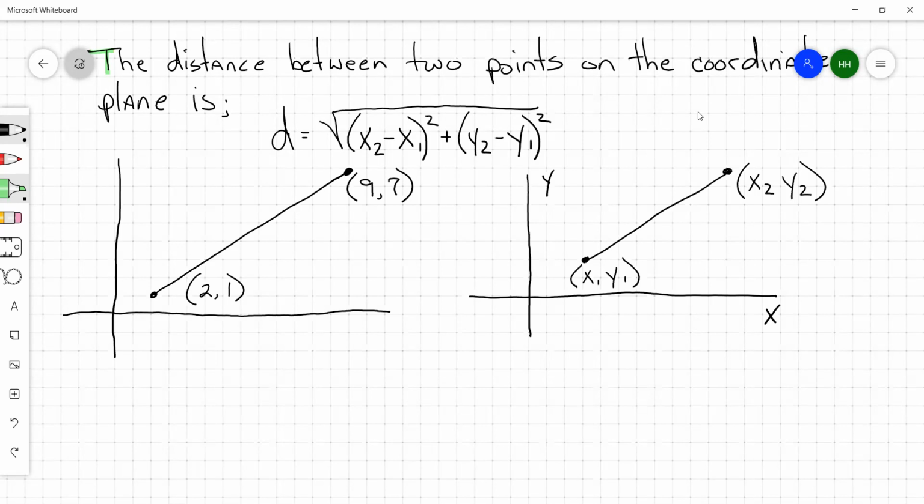It doesn't matter which one you call the first point or the second point. I'd like you to say, here's my x1 and here's my y1, and then here's my x sub 2 and my y sub 2. I think that helps you to stay more organized when you're substituting.